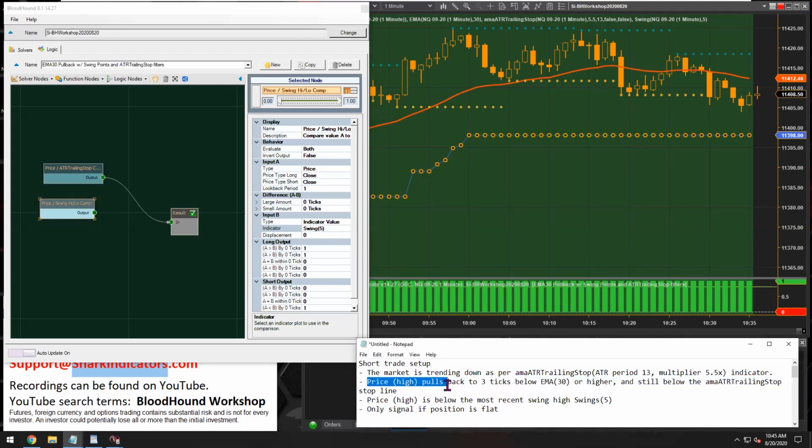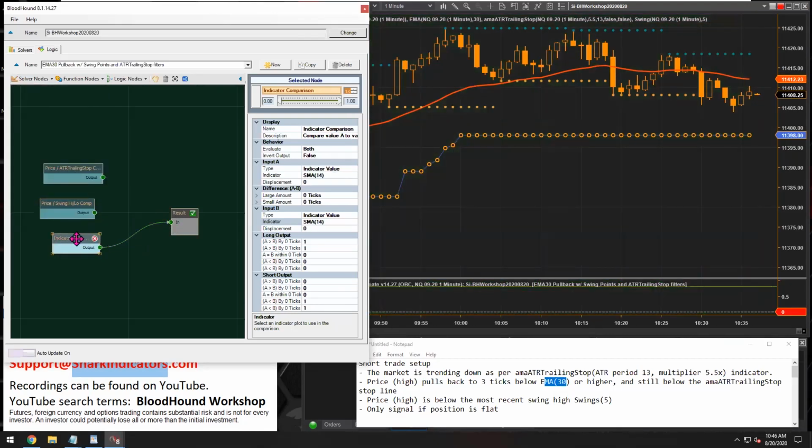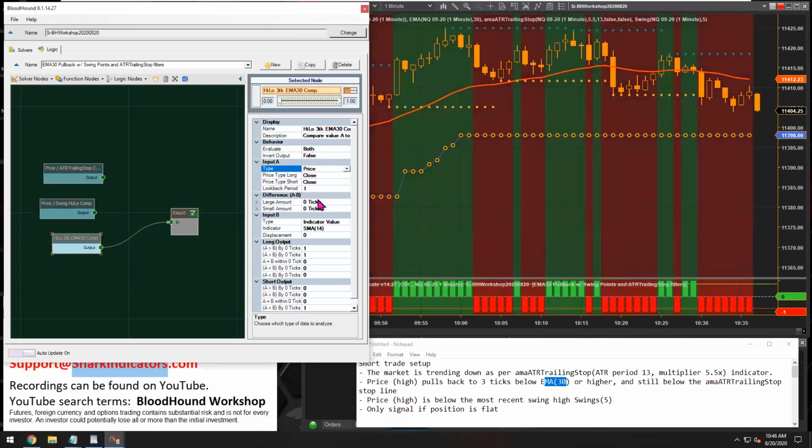Now let's start comparing the high to the EMA 30. We're going to need some more comparison solvers here. We're looking at the high or the low price, and we want it to be within 3 ticks of the EMA 30. Input A, again, will be price.